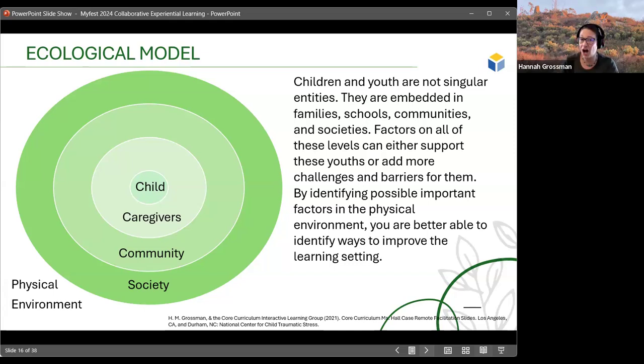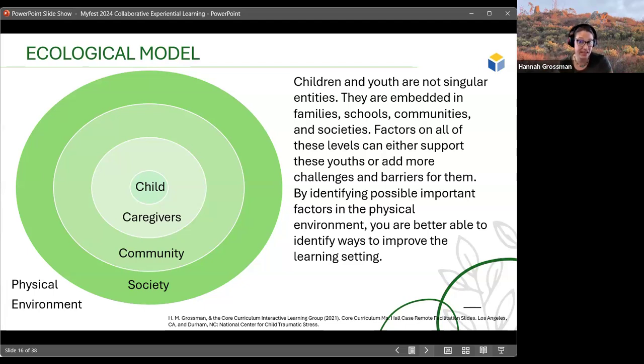They have factors on all of these levels that can either support these youths or add more challenges and barriers for them. By identifying possible important factors in the physical environment, you're better able to identify ways to improve the learning setting. So if you look at this description, it's a very short overview of an ecological model.